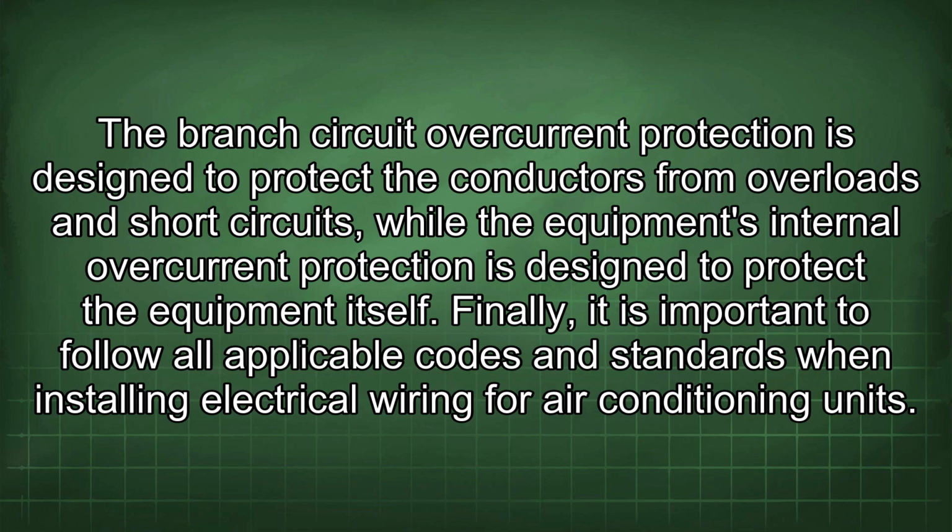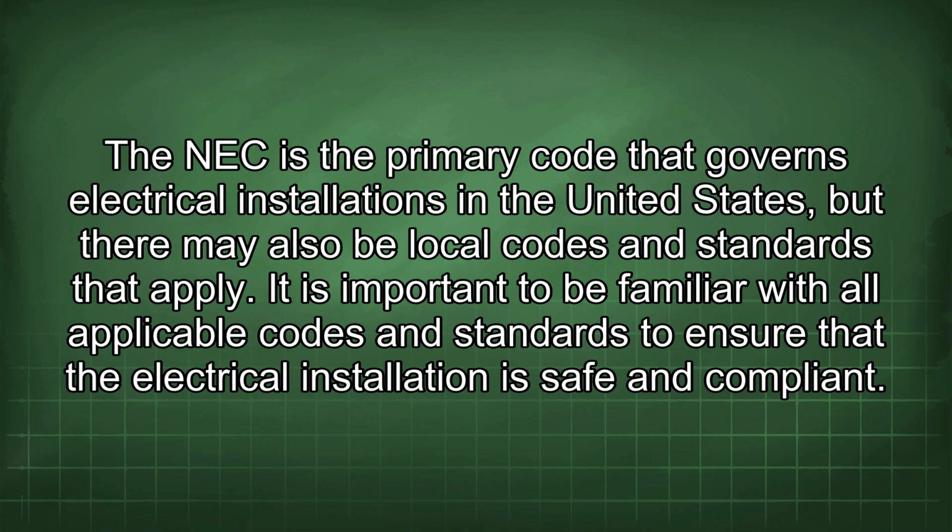Finally, it is important to follow all applicable codes and standards when installing electrical wiring for air conditioning units. The NEC is the primary code that governs electrical installations in the United States, but there may also be local codes and standards that apply. It is important to be familiar with all applicable codes and standards to ensure that the electrical installation is safe and compliant.